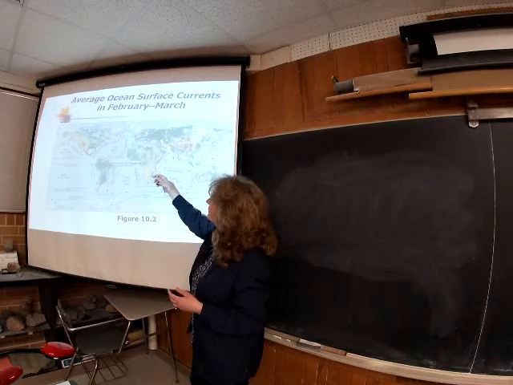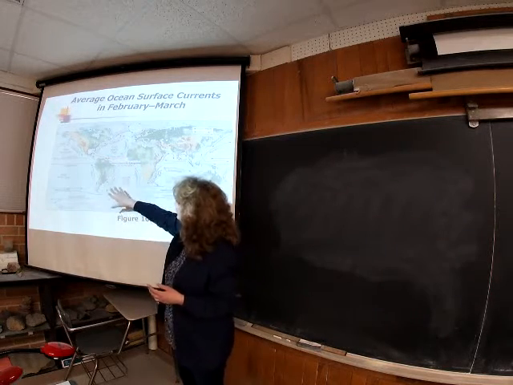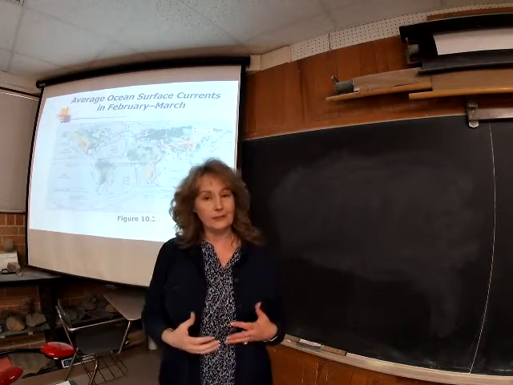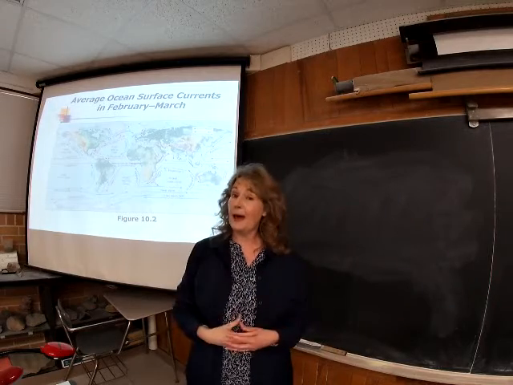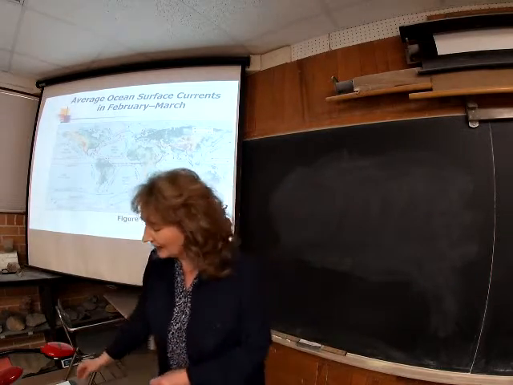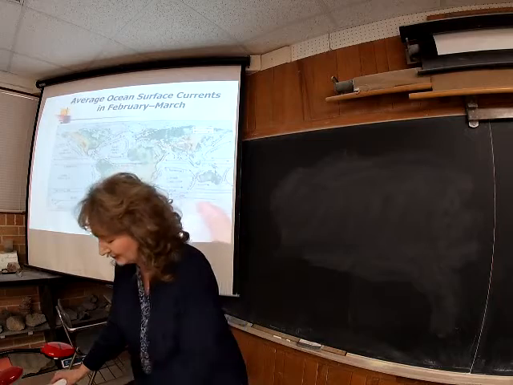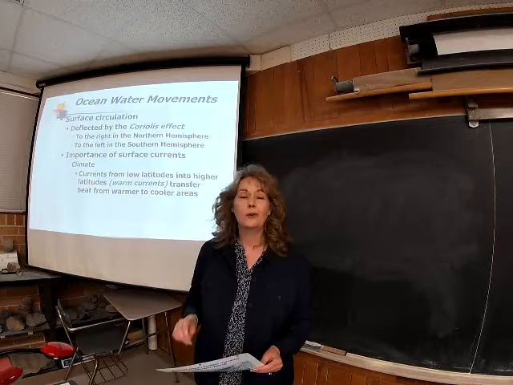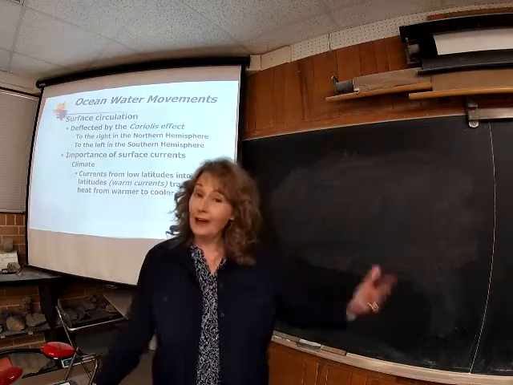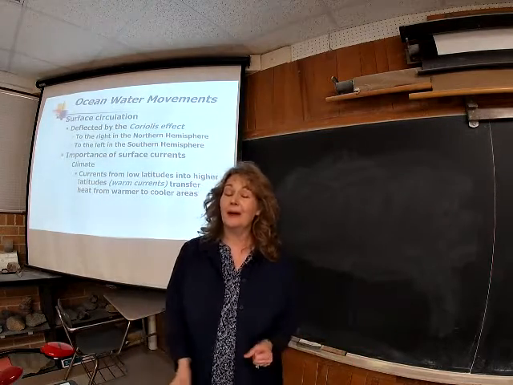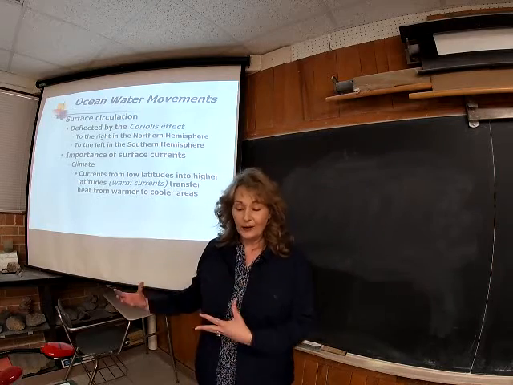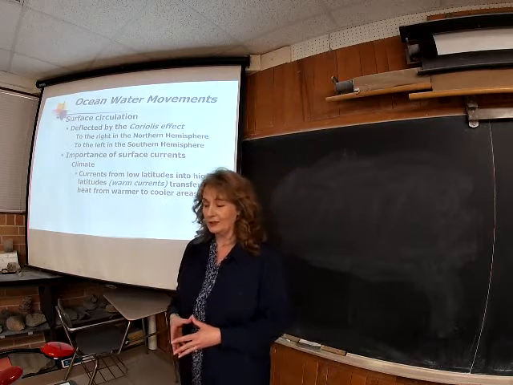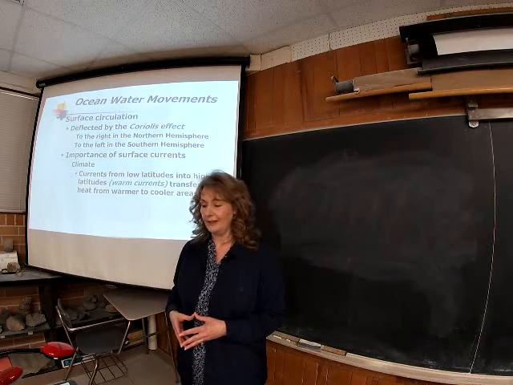Here they're deflected to the left of their path, and so we set up a counterclockwise motion in the southern hemisphere, and it all has to do with what's happening in the atmosphere. Again, we'll talk more about this when we get into atmospheric circulation, but that's known as the Coriolis effect. So after wind, the primary factor, the Coriolis effect influences the movement of the ocean waters.